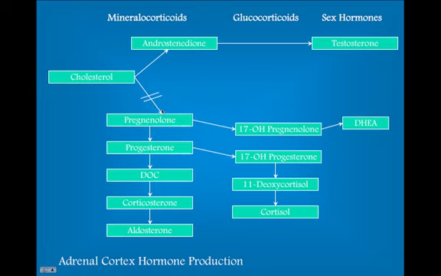What happens in these metabolic disorders is not only are you lacking the end product on one arm, but because of the block here, you often have excessive production of another arm of that same pathway. And that's exactly what happens here, so that this cholesterol then all gets cycled up here, and these kids actually have excessive testosterone production.